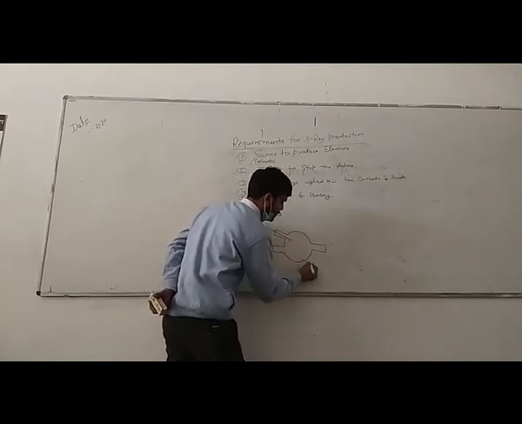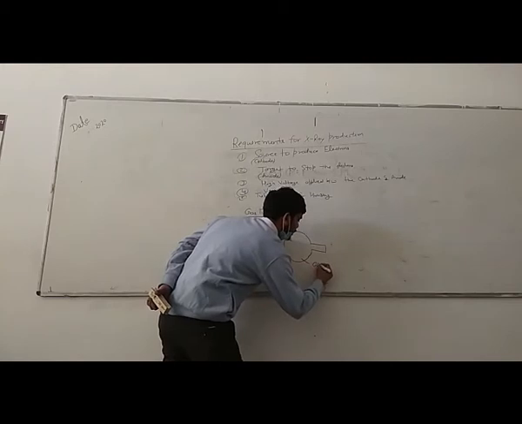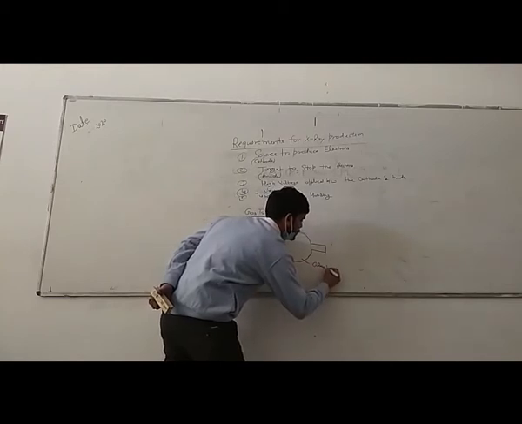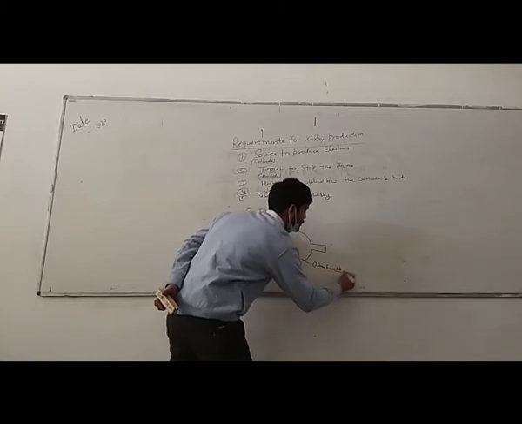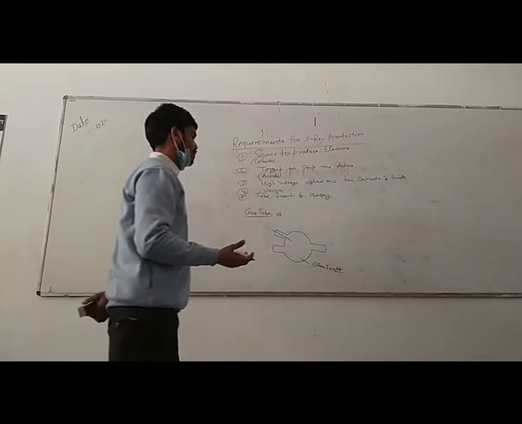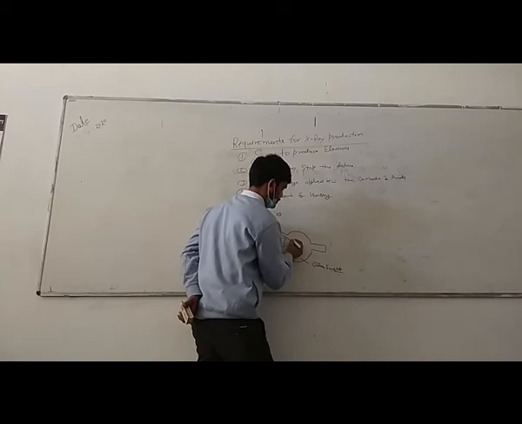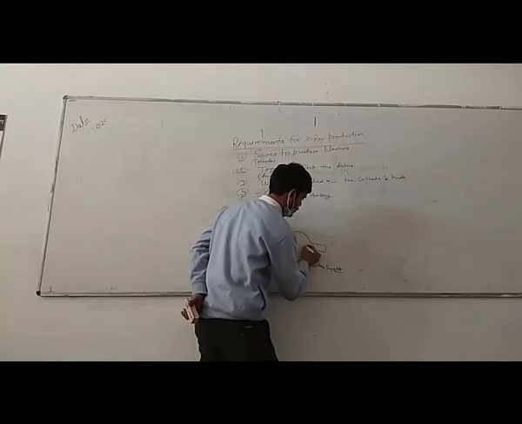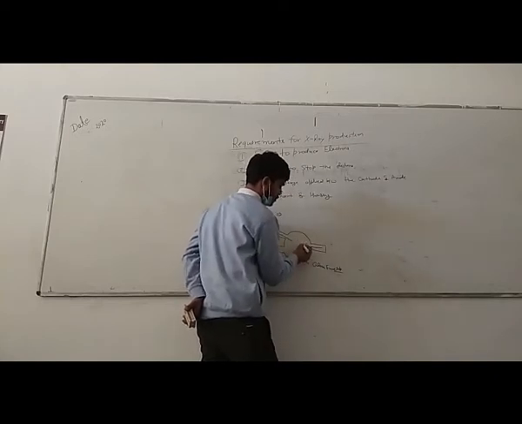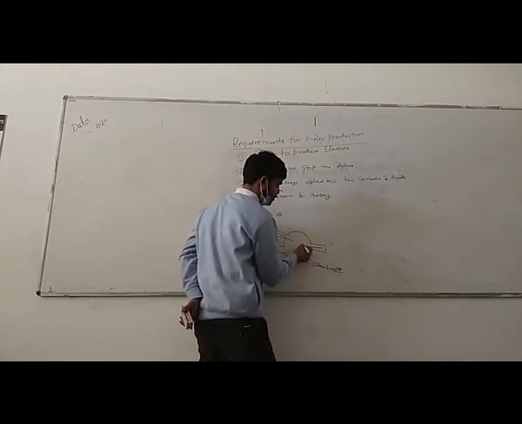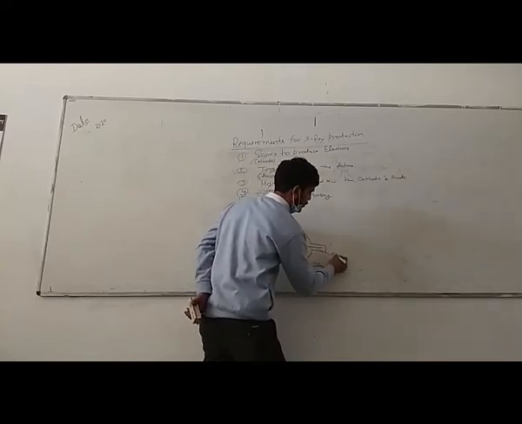This is a glass envelope. The glass envelope protects against bombardment of electrons. This is the cathode.